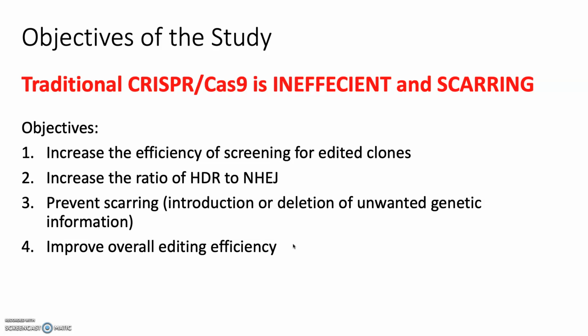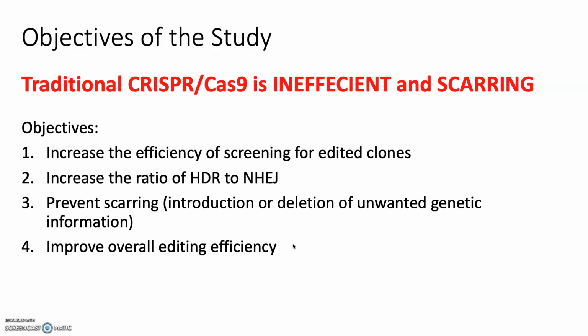Because of the way that the template DNA and the CRISPR Cas9 machinery are introduced in the cell, after the process is done, the genome is left with inserted or deleted sequences, or scars, throughout the genome that are unwanted, that are not the specific gene editing or sequence insertion we wanted initially. That is considered a scar, and it's unwanted.